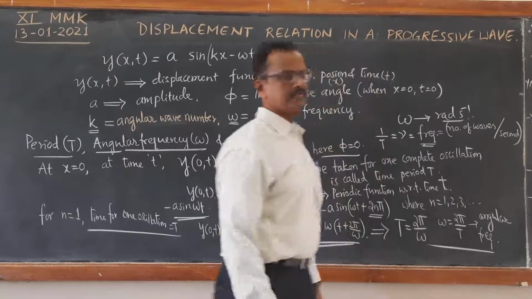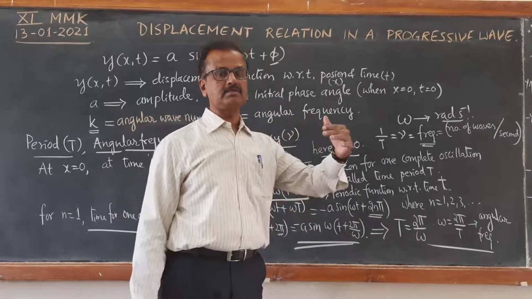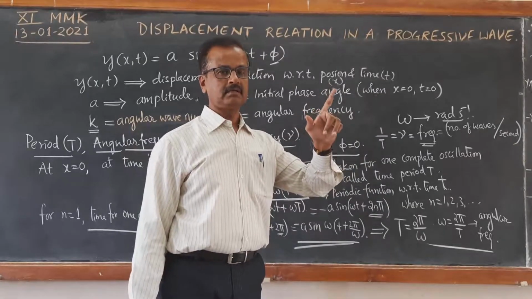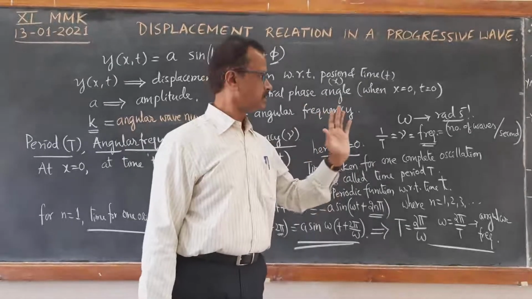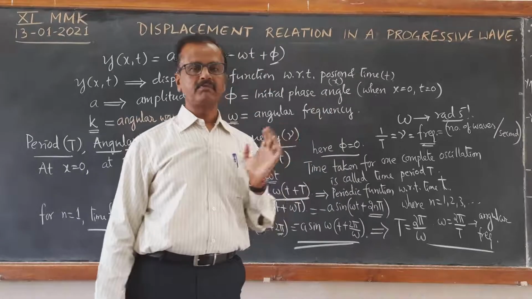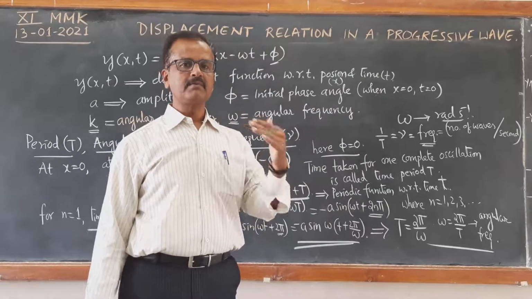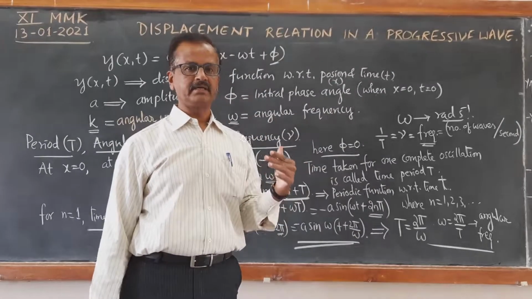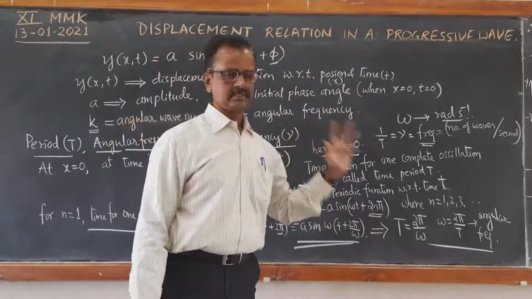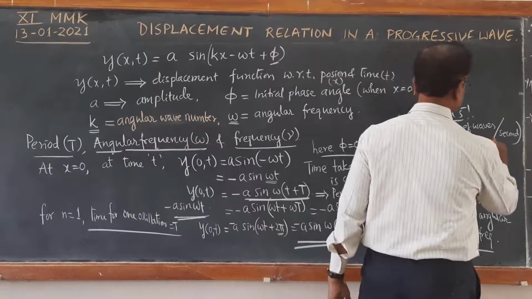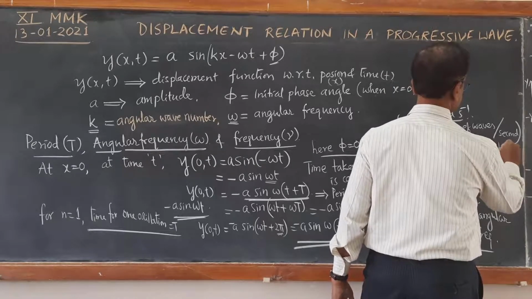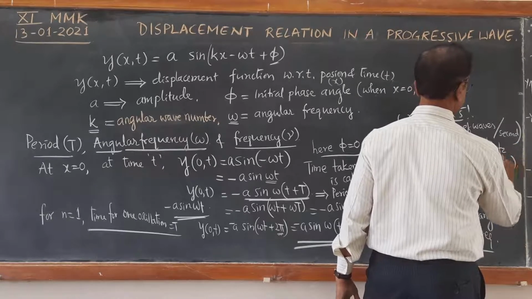Number of waves means how many wavelengths are crossed in a particular unit of time, per second, at a particular position. In simple terms, how many crests have crossed per second. That gives us the frequency. So frequency is measured in hertz, that is capital H. Okay.